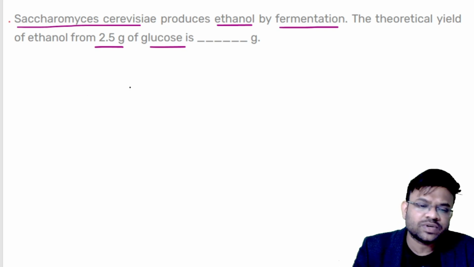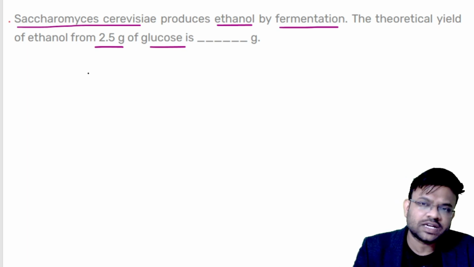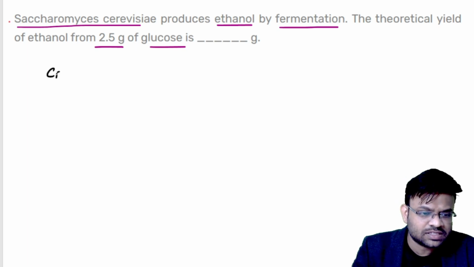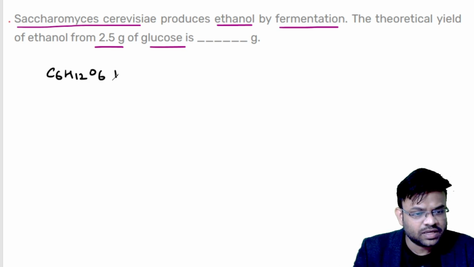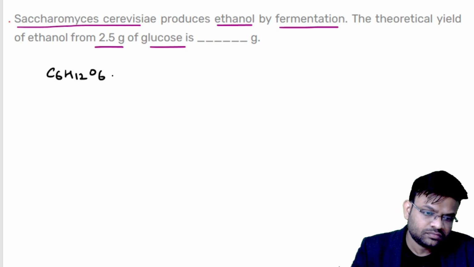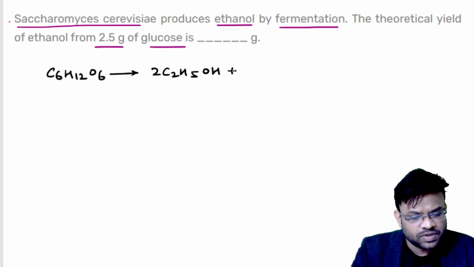So as in the question, it is mentioned that glucose is being used. If you provide glucose to Saccharomyces cerevisiae, it will yield ethanol. So that is what we are doing over here. C6H12O6, this would be giving off 2C2H5OH plus 2CO2.